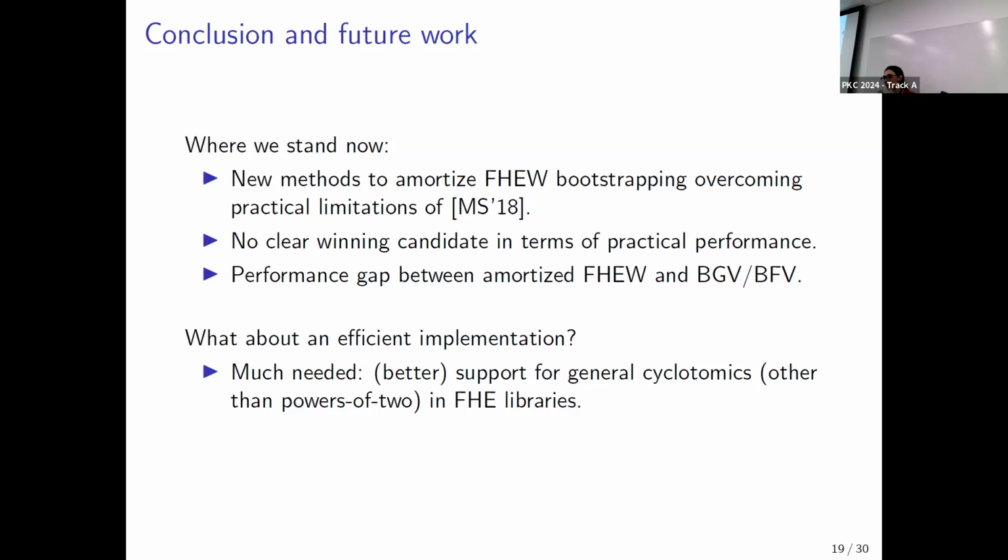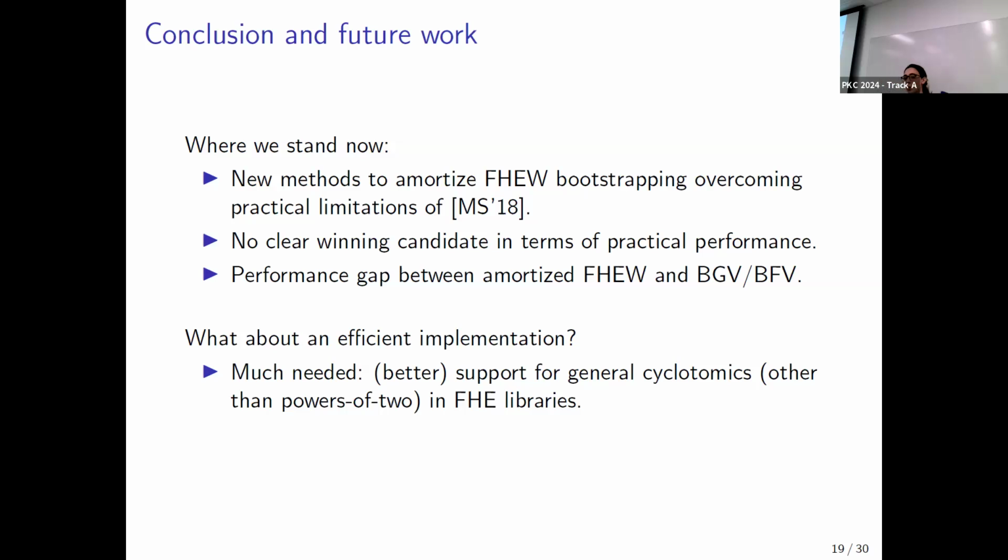One last thing that I wanted to mention for the end of the talk is efficient implementation. I'm mentioning this because in our work, we use prime cyclotomics instead of power of 2 cyclotomics. And this is not something that is well implemented or optimized in FHE libraries. So we've been asked multiple times what would be a complete running time for our algorithm.